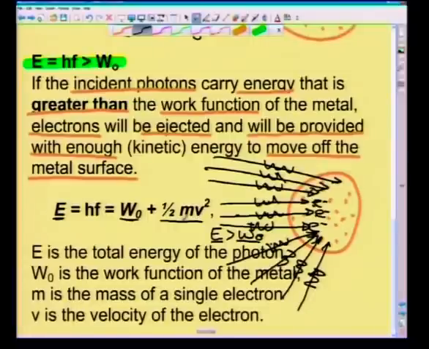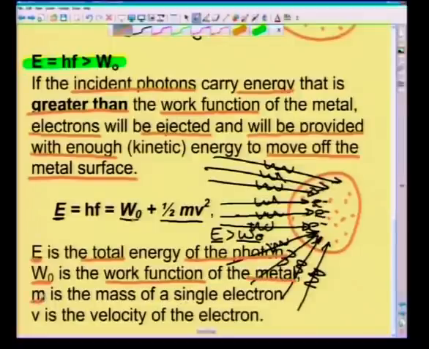And we know that kinetic energy is defined by half mv squared, where E is the total energy brought by the photon, and WO, we know, is the work function of the metal.